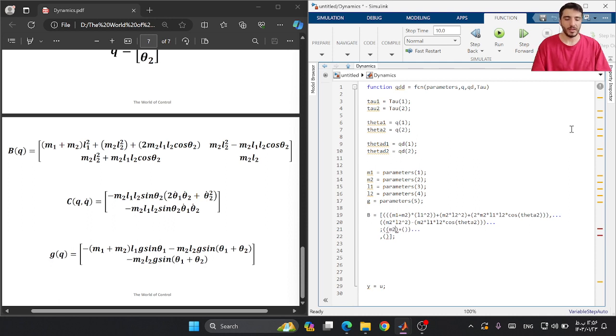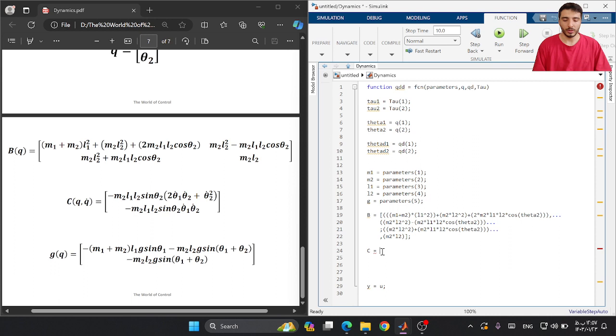The first term is M2 multiplied by L2 to the power of 2, and the second term is M2 multiplied by L1 L2 cosine of theta 2. And the last one is M2 times L2. This is our initial matrix.